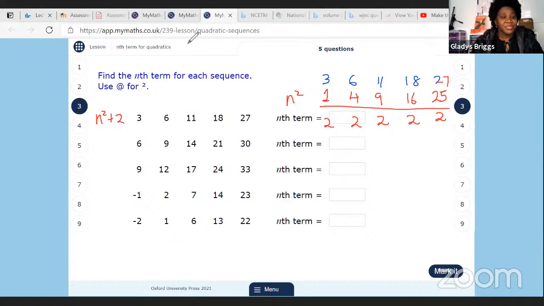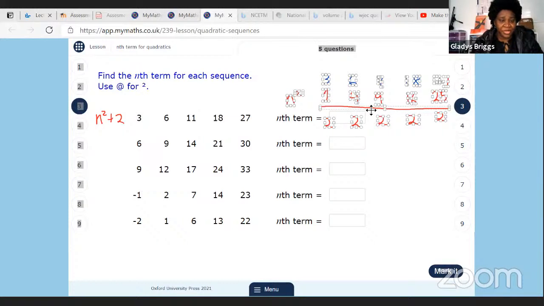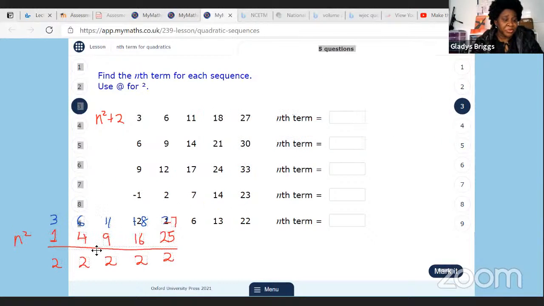So you guys have a go at the rest of them for me now. I'm going to leave that example that I've done for you on the board. The mistake we were making yesterday was comparing it to the second difference, which is what we do with arithmetic progression.